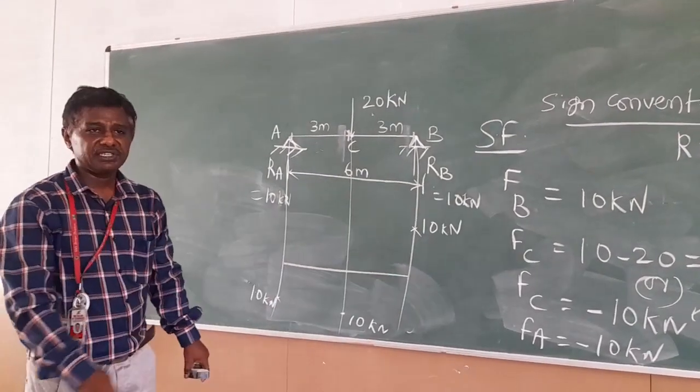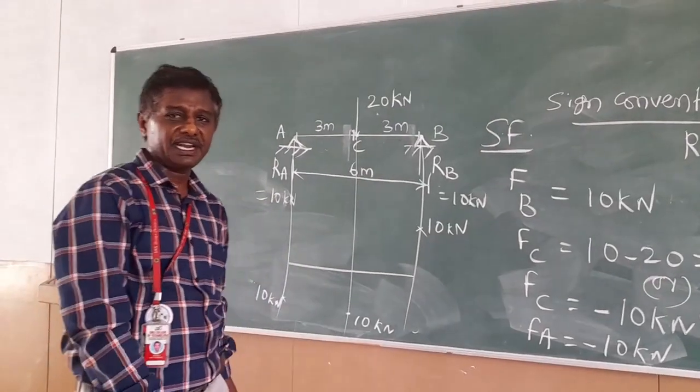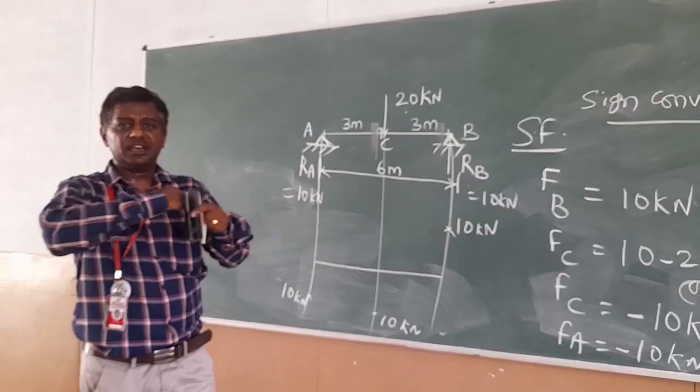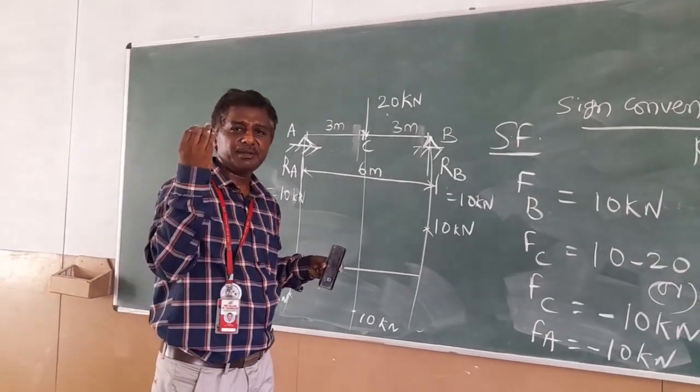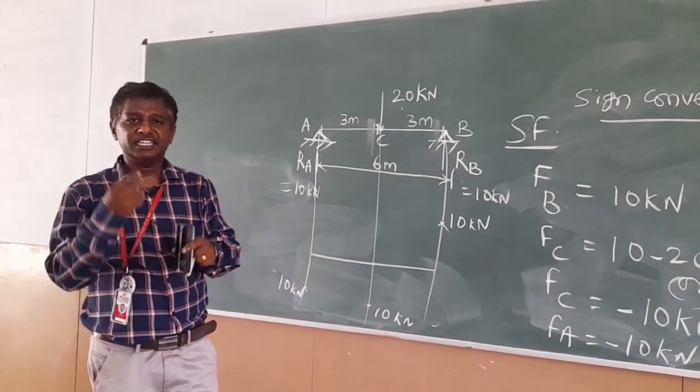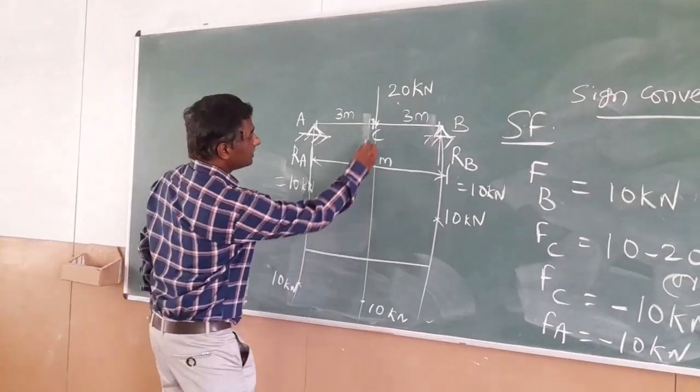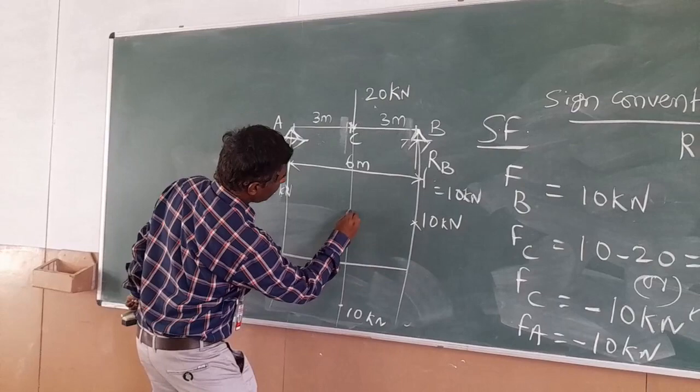According to the nature of the curve for the shear force diagram, I already showed that wherever a point load is acting, a vertical line will come into the picture, and for no load, a horizontal line will come. Now at point B, draw a horizontal line.